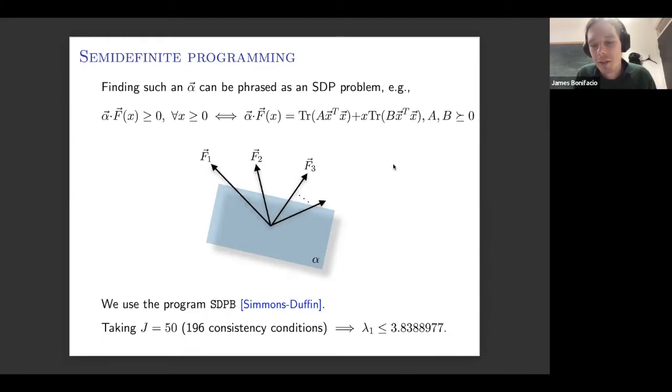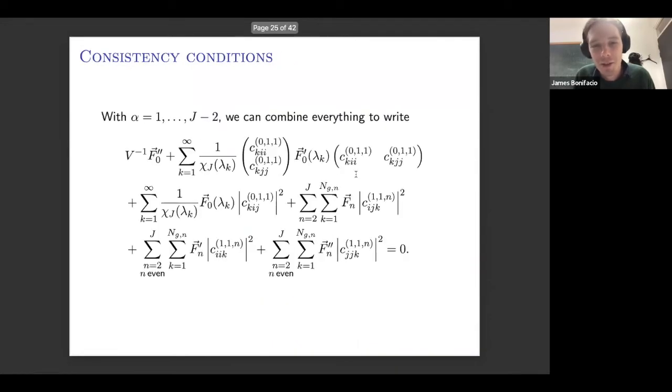Geometrically, you can think of this as the question of if I hand you a bunch of vectors, is it possible for them to add up to 0 with positive coefficients? I should emphasize that we're using the fact that these norm squares are positive in a crucial way. Ignoring this matrix term for a second, the question is, given some known vectors, can they add up to 0 with positive coefficients?